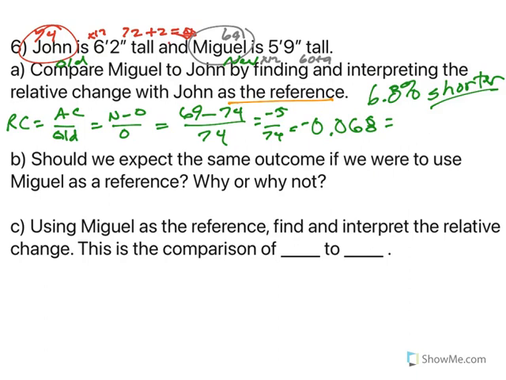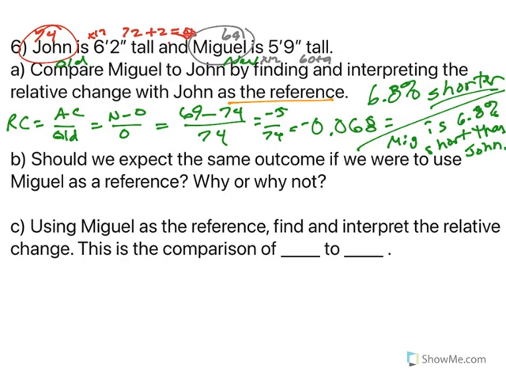Notice I didn't say a decrease because we didn't cut off John's legs to make him Miguel. That's not how this works. So our interpretation would be Miguel is 6.8% shorter than John. Now we're talking about just two people, so there's no time reference.